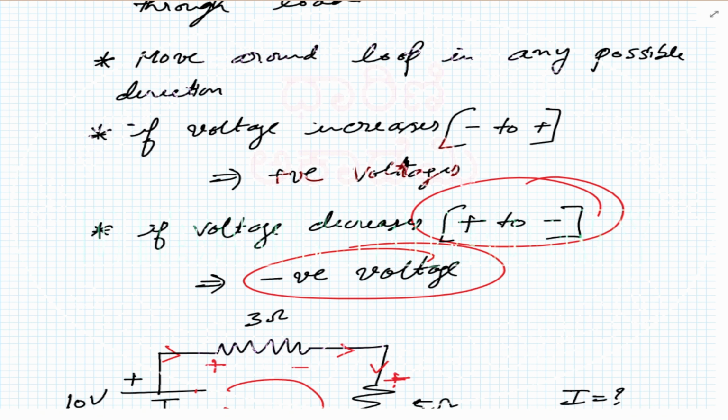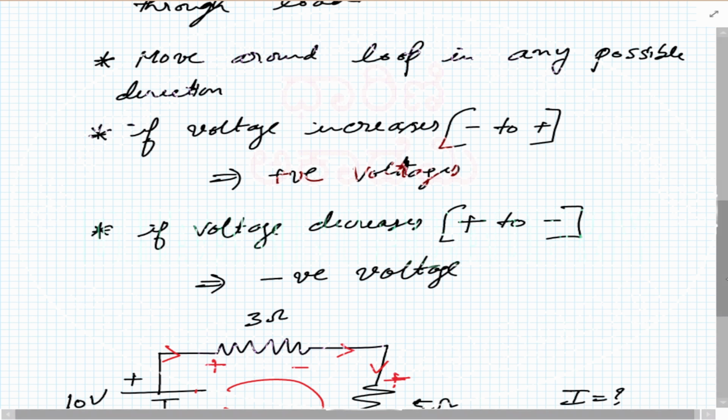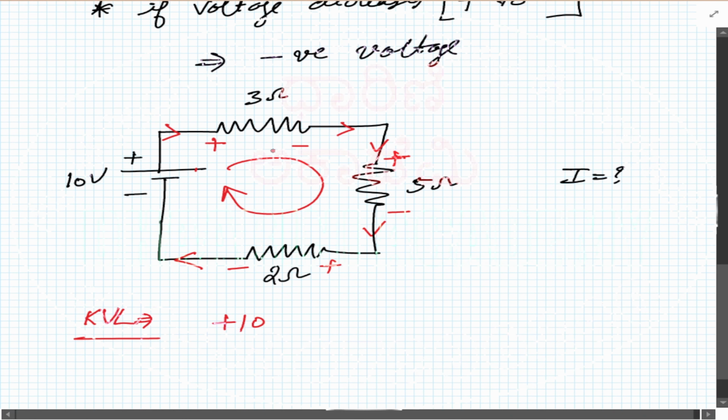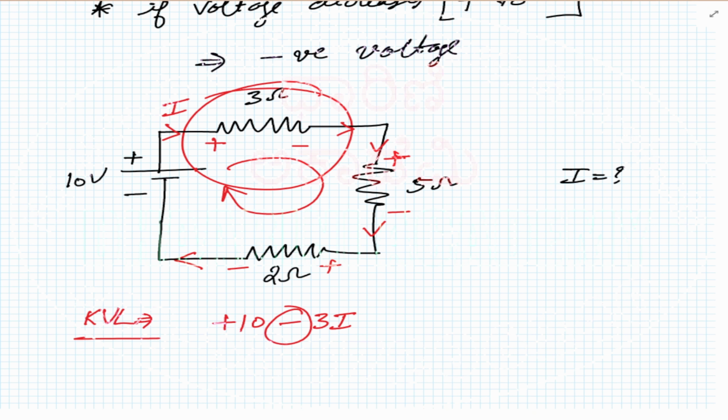So the voltage across this 3 ohm resistor is negative. But 3 ohms is resistance. If you want a voltage, I need to multiply with the current flowing over there, that is I. So this is negative 3 into I. 3I is the voltage across the 3 ohm resistor.